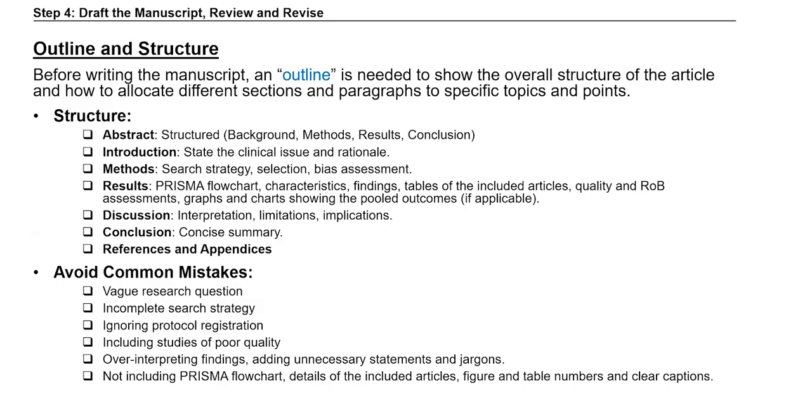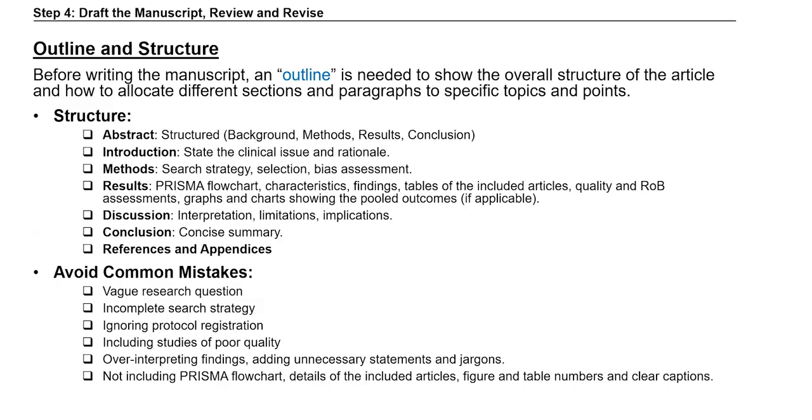The structure of systematic reviews is almost similar to any other scientific paper, from abstract to conclusion and references. There are different points to be considered in each of these parts. For me personally, one of the most important parts that I pay a lot of attention to, and that needs to be very accurate and clear, are methods and results.